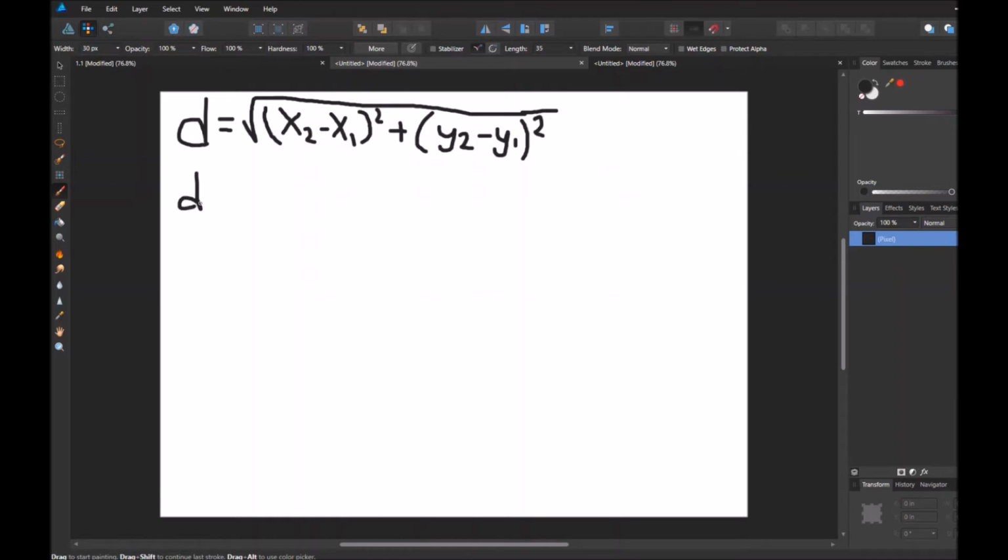So for our x2, we're going to write 9, and then for our x1, we're going to write 1. So 9 minus 1 squared plus y2 is 7 and y1 is 1. So that's going to be squared.